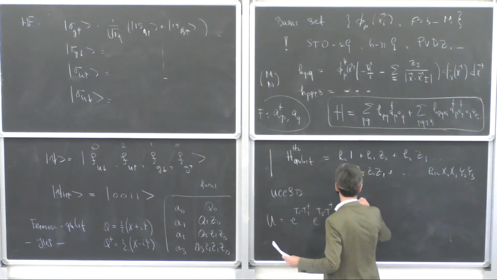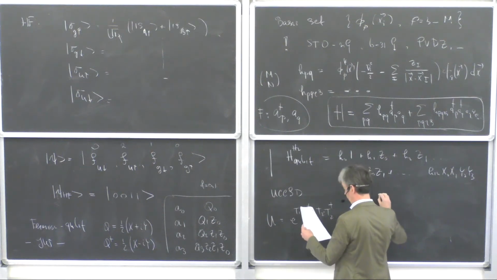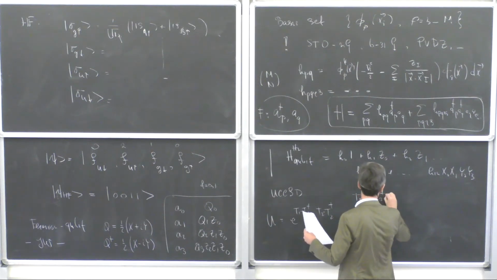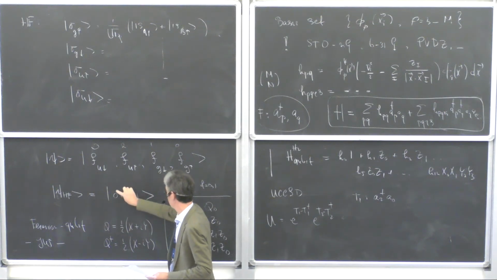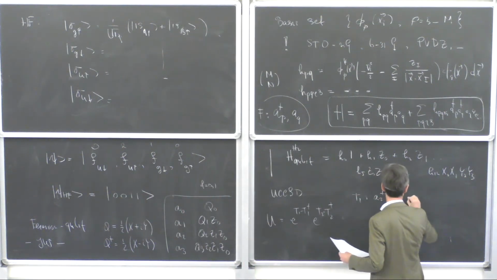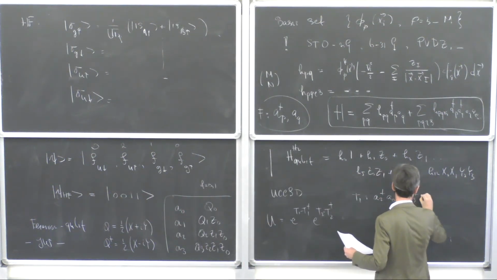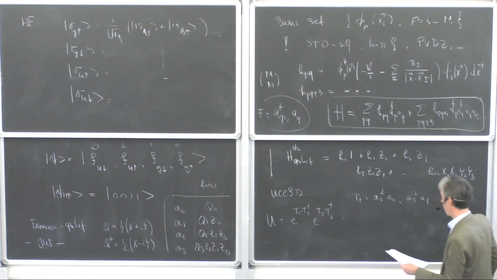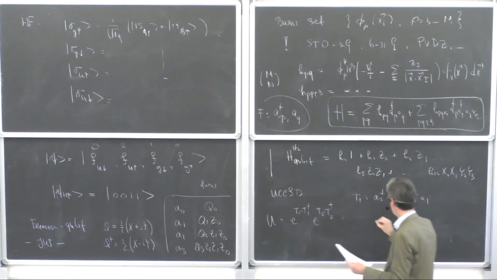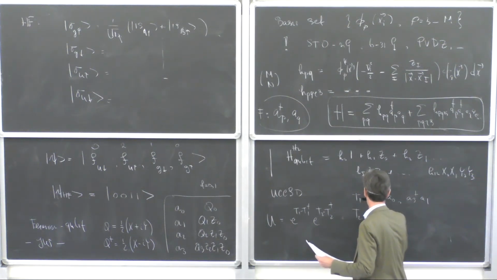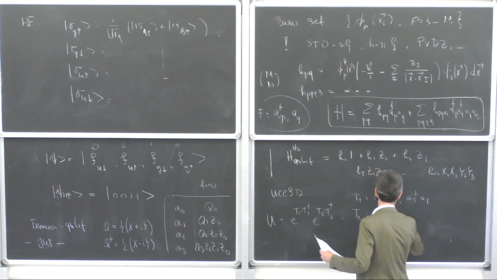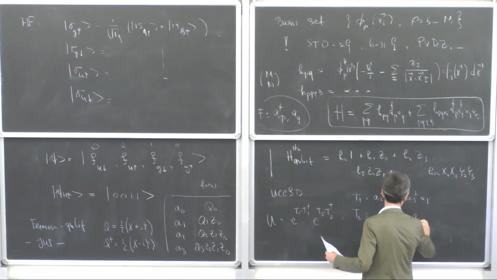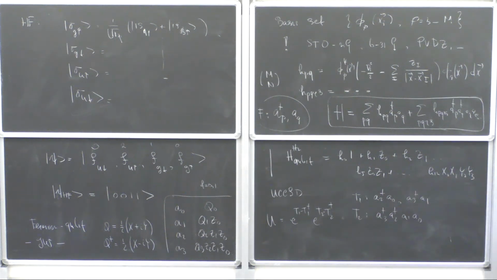There are not too many options, so you can do A2 dagger A0, meaning you jump from here to here, or you can do from there to there, which is A3 dagger A1. So those are your options. And for the T2 terms, the only thing you can do is a dagger of 3 and 2 and take out 1 and 0. Since I have only two particles, the double ansatz is where it stops.